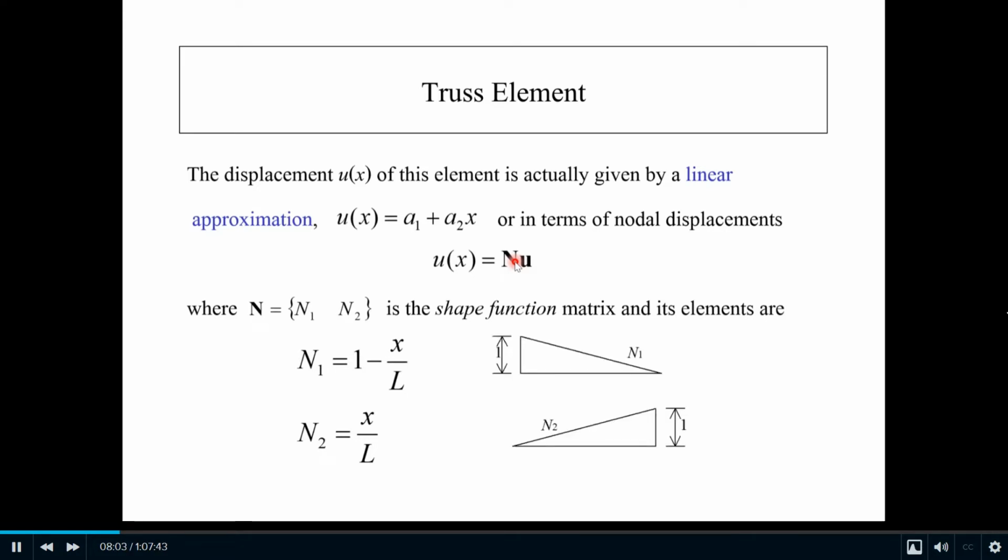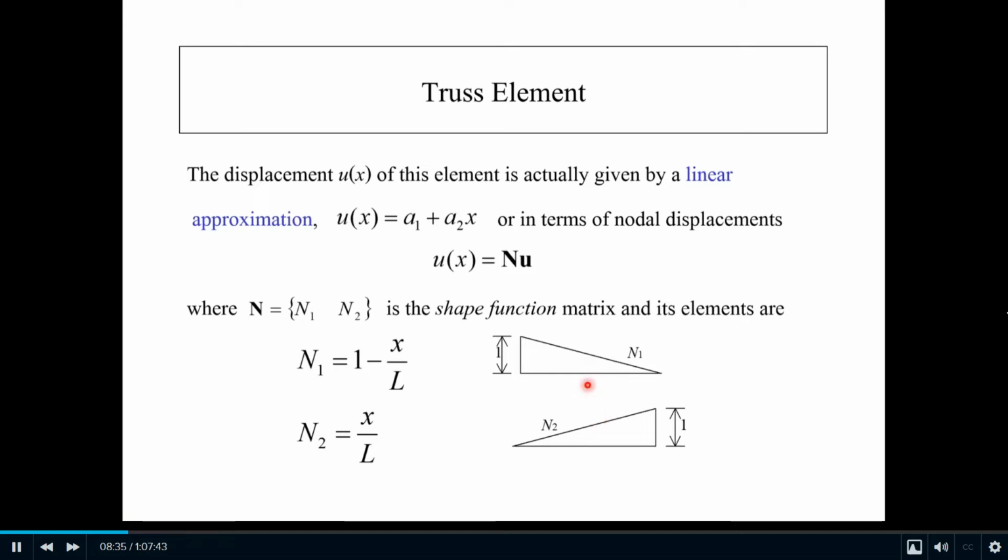N1 looks like this, and if you plot N1 along the element length, you will see the graph like this. N2 is given by x over L, and if you draw the graph, it looks like this. You will see that both shape functions are linear functions.